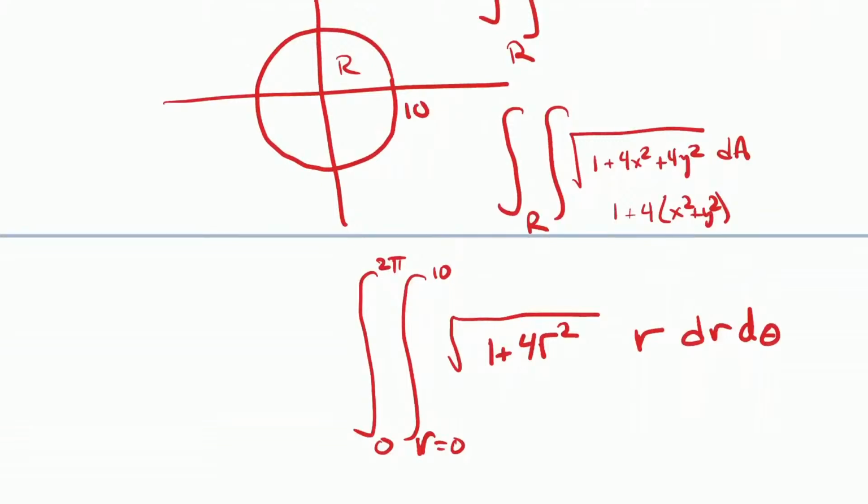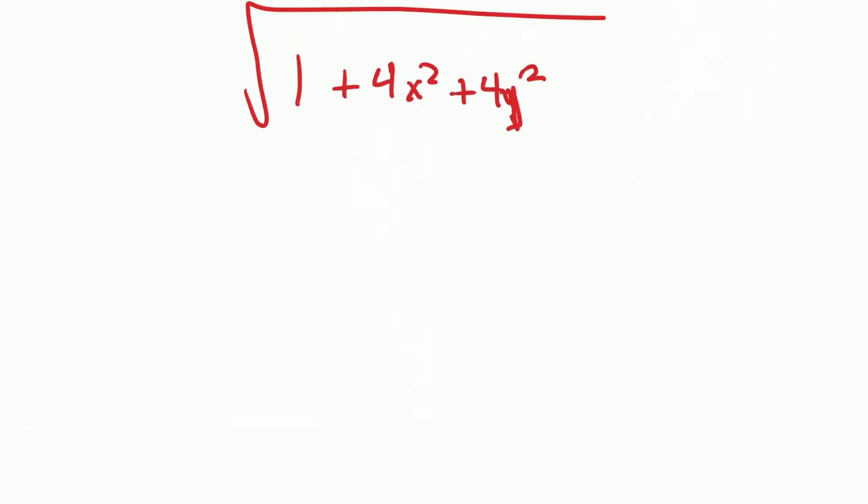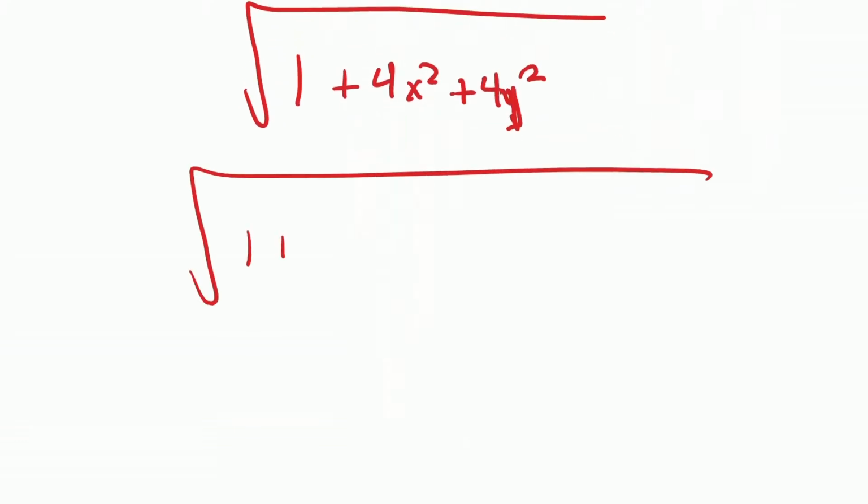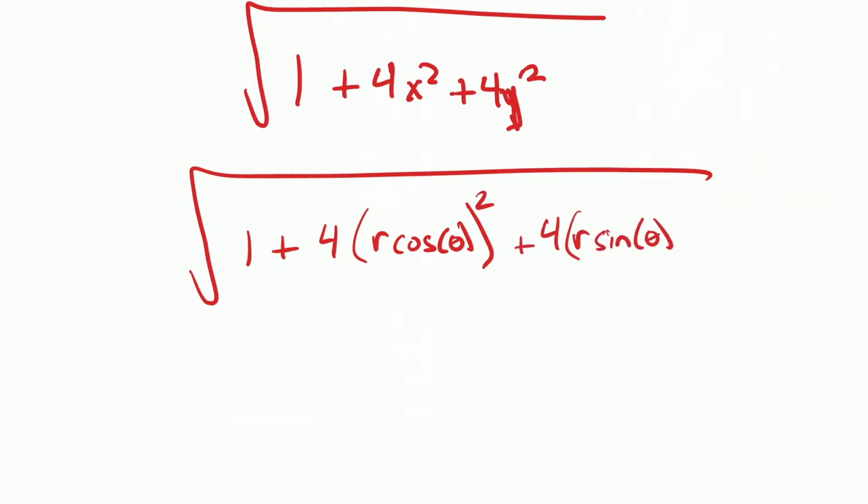Here, let me just show you what I mean. So we're converting this. Yeah, we could do it that way if you prefer. I'm just going to get started because I don't want to do it that way. So r cosine of theta squared, and then 4r times sine of theta squared. If you do it this way, notice that you have a 4 and an r squared in everything.